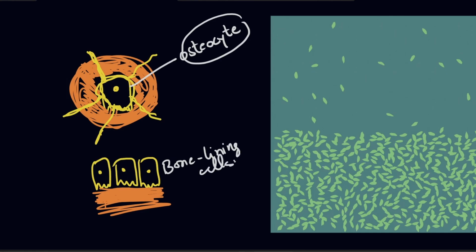Actually, their shape will also change. So let me exactly draw here. They will become a bit flattened, and you can say that these are basically inactive or quiescent type of osteoblast. These are inactive, quiescent, sleeping osteoblasts.